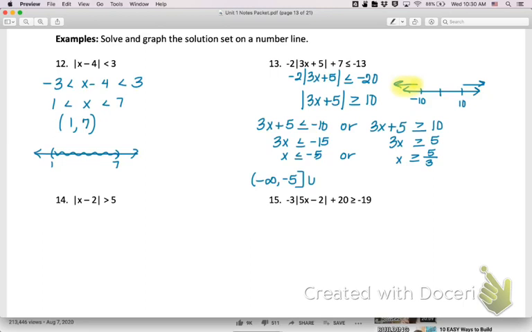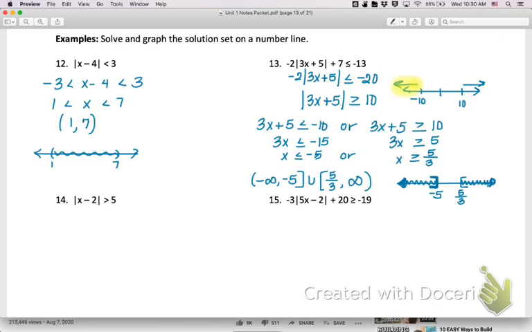And we're going to union that with the second interval, which will start at positive 5/3 and go to positive infinity. And so our graph will look like negative 5 and then down through the negative infinity arrow. And then, whoops, that should be a bracket, sorry. And then 5/3 to the right and up through the positive infinity arrow.